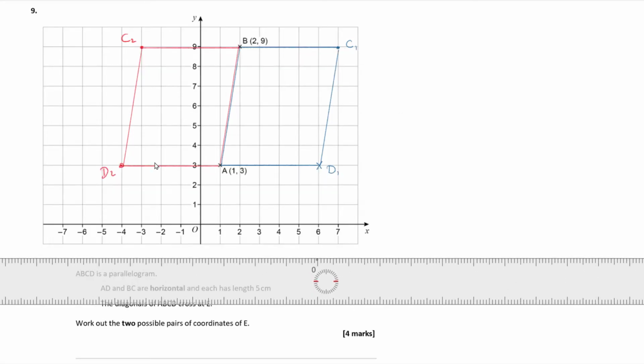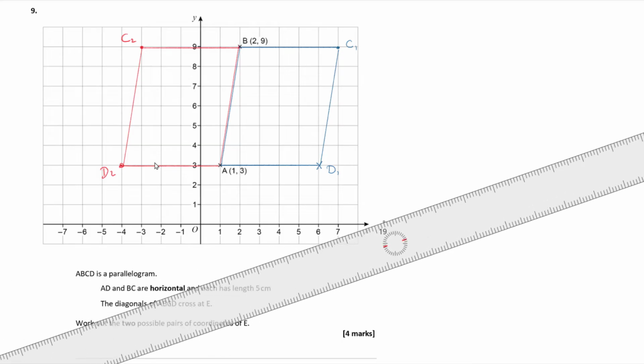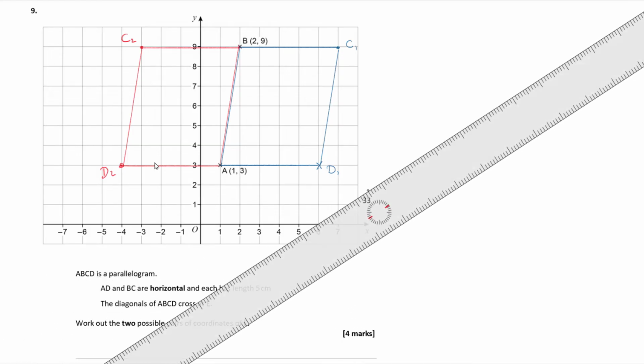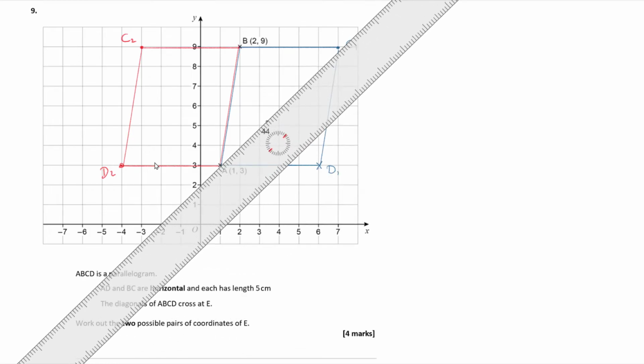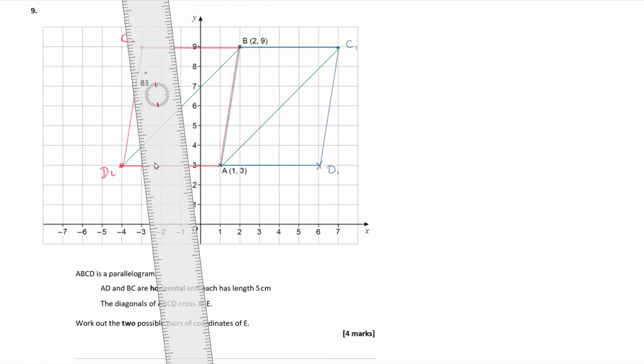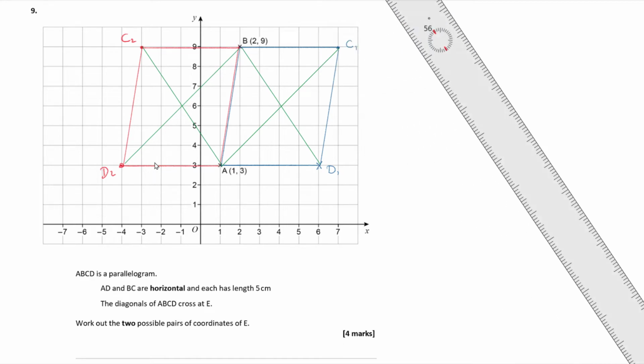And finally, it says work out the two possible pairs of coordinates of E, where the diagonals of the parallelogram cross. So putting in the crosses in the middle. The diagonals of parallelograms do bisect each other, but they don't cross at 90 degrees necessarily, unless it's a rhombus.